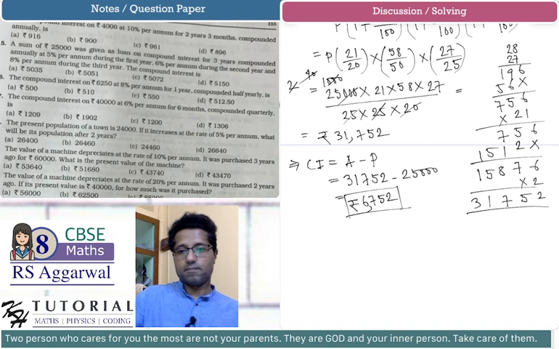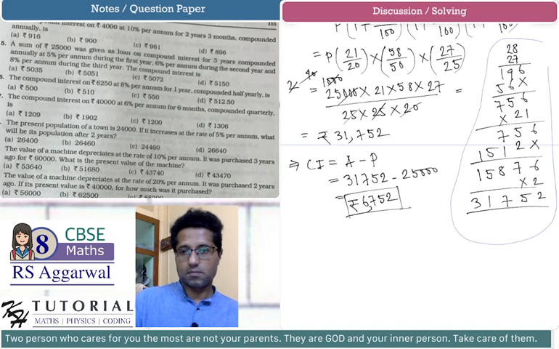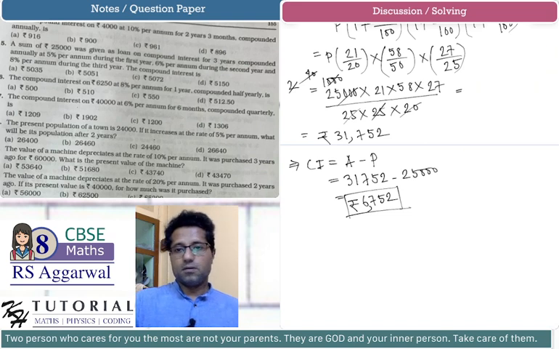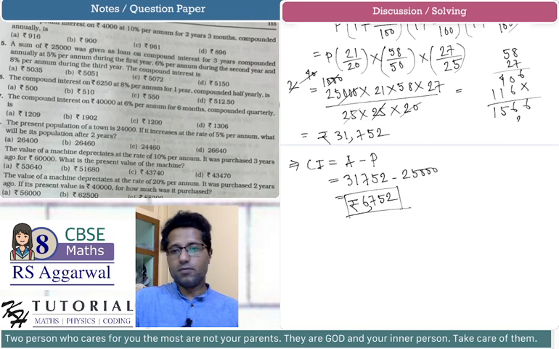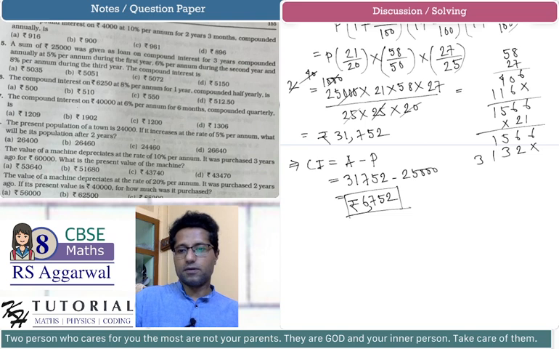So what is 58 multiplied by 27? 56, 40, 16, 11, 6, 6, 5, 1, and then multiplied by 21. 6, 6, 5, 1 multiplied by 12, 13, 3.